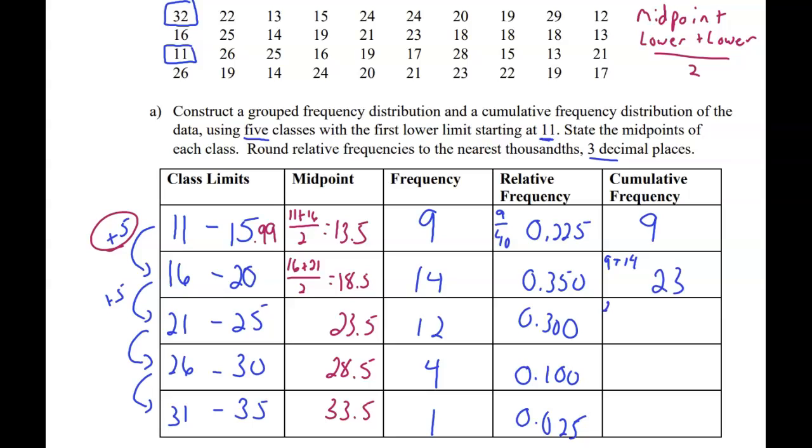Then we're going to take that 23 and we're going to add 12 to it. So we get 35. And then 35 plus 4, we get 39. And 39 plus 1, we get 40. This last one should be your N, your sample size. So practice this and let me know if you have questions.